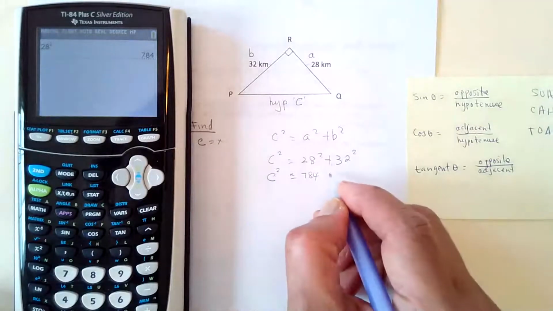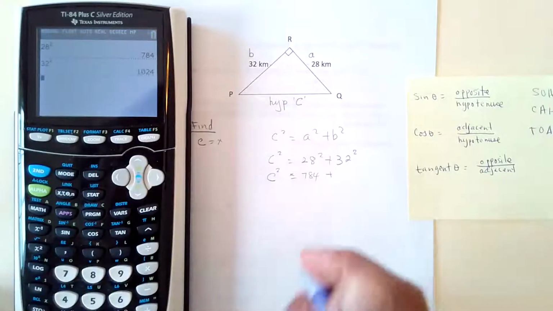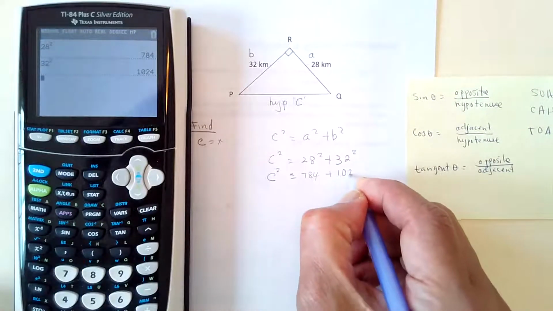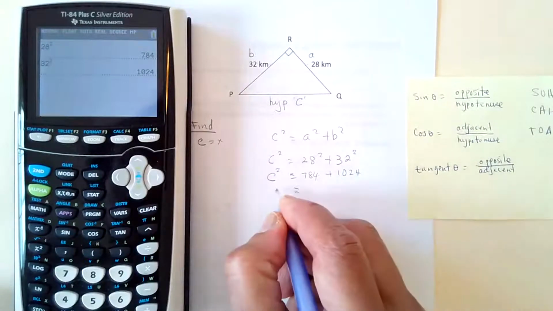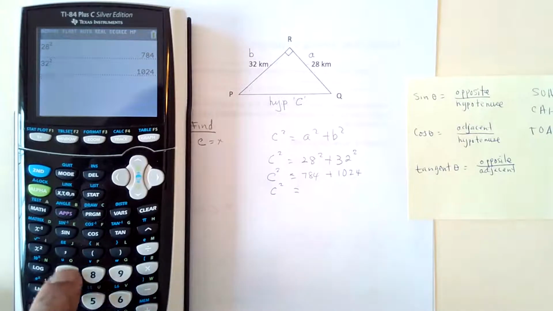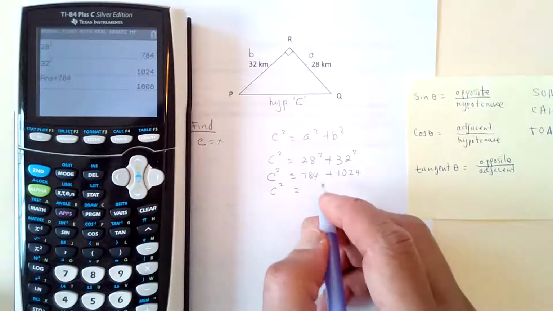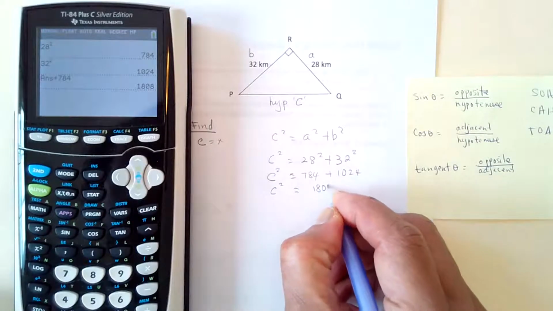Then we have 32 squared. It's 1024. So C squared is equal to 1024 plus 784, which gives me 1808.